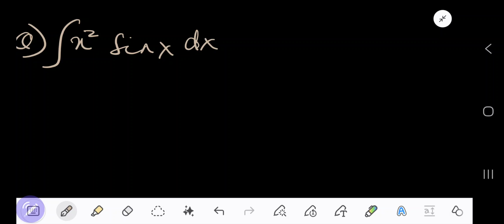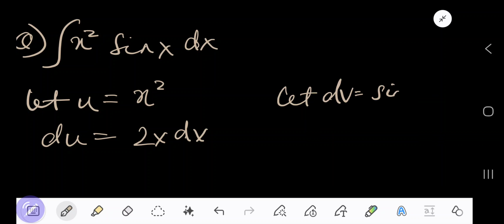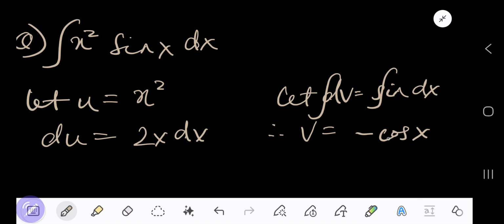Alright, our next integral is integrate x square sine x dx. Here we're going to let u equal x square. So du would just be 2x dx, right? And then we're going to let dv equal sine x dx. So therefore v would be, you integrate both sides, negative cosine x.